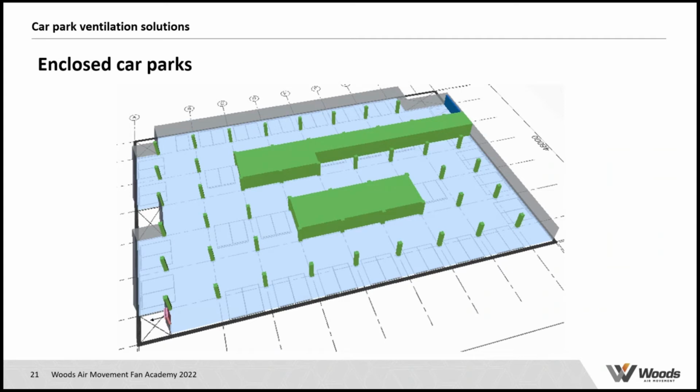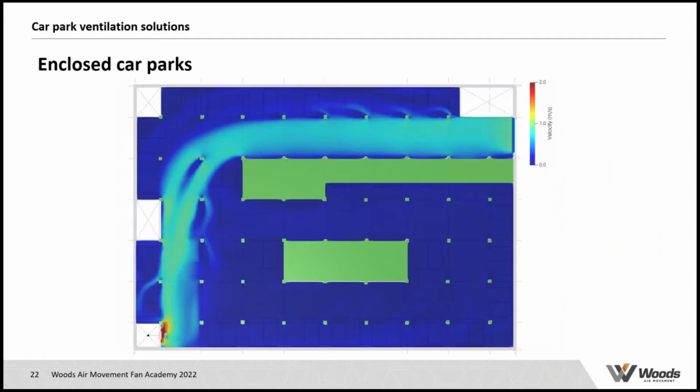So you could do a design like this: let's put a single point of extract in, utilize that natural fresh air supplied through the entrance ramp, and design around that. It's a possibility, but it will end up with the result on the screen here. Based on velocity, you see considerable velocity coming from the entrance ramp, but the downside is it's moving only in a sort of corridor straight into the extract point.